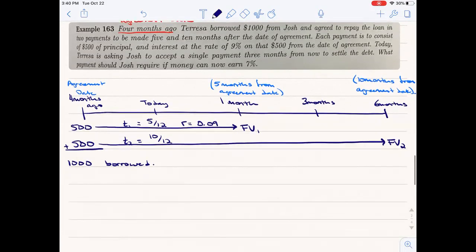So I'm just going to jot down that the rate for these arrows is 0.09. We could even call them R1 and R2 if we want to. Really try to keep each arrow separate. Okay.